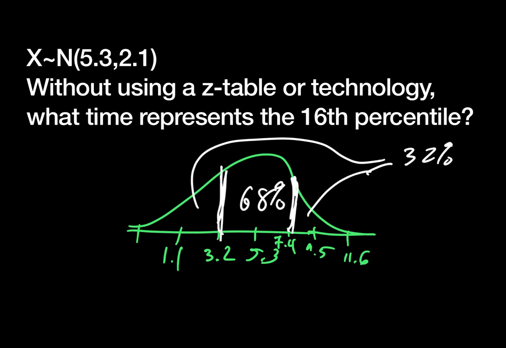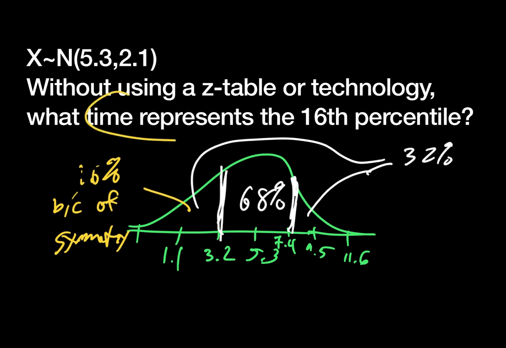And I'm giving this explanation out loud, but you'd be writing these things, and then because the normal curve is symmetric, I would know that this is 16%, again, because of symmetry. Got 32 gets split in half, so that's 16%.